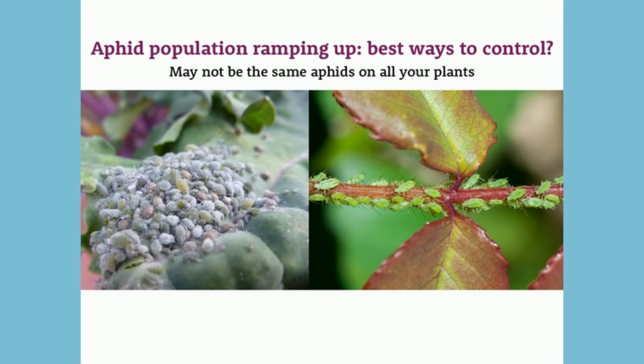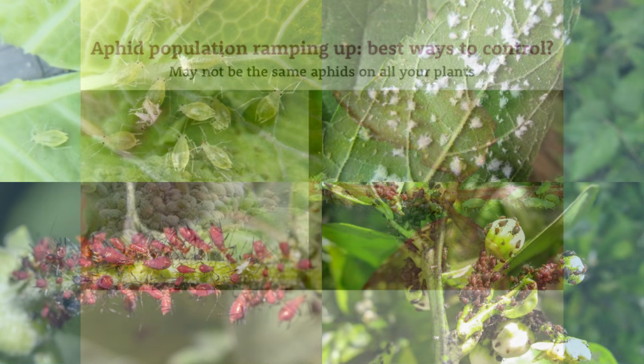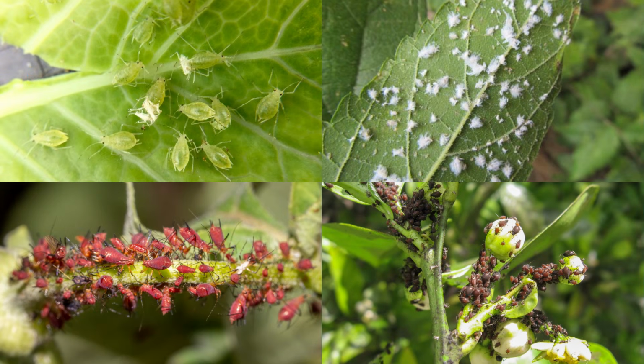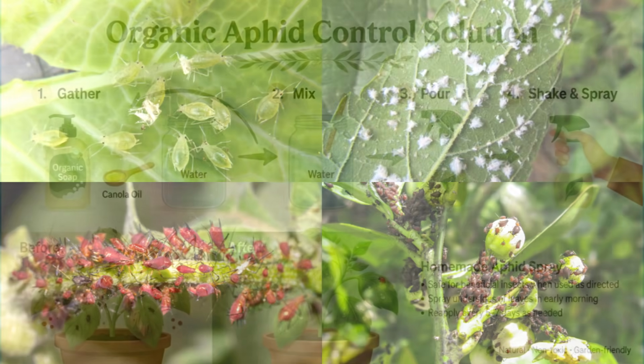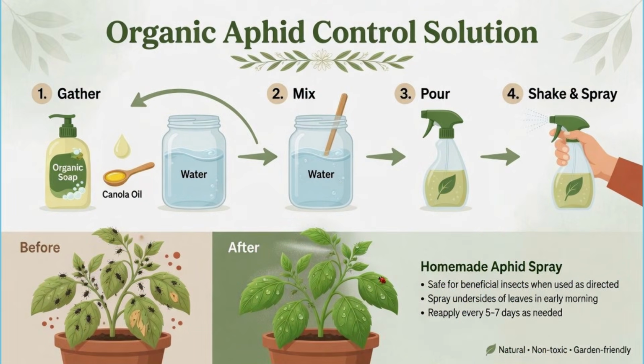So the way to deal with these two different aphids is slightly different. If I had aphids that were the green type or the pink type or the white type or the brown type or any of those that are similar to the ones on the stem on the right, I'll share this week a solution that's basically a little bit of organic soap, a couple drops of soap, just a little bit of canola oil and a lot of water.